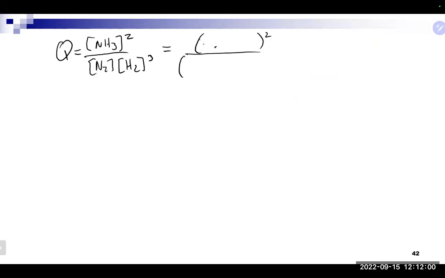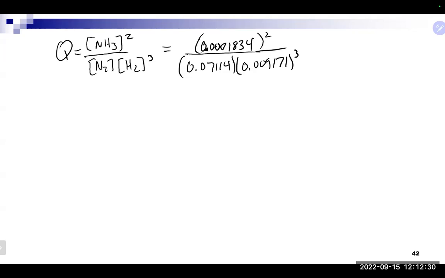So that one should be 0.0001834. There we go. Now divided by N2, so this should go on the bottom, 0.7114. And our H2, which would be 0.009171, and we want to cube that. All right, I think I got my numbers in the right spot there.